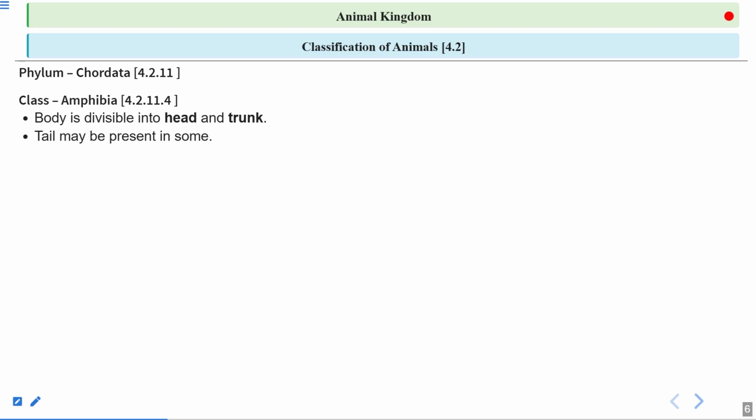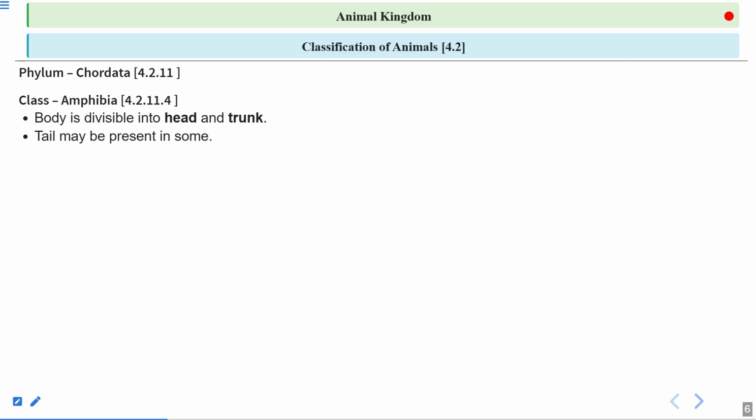But in some, like you can see in the case of the frog, there is no tail in adulthood. Okay, but they have a tail in the larval stages.